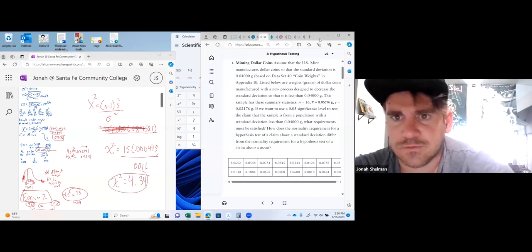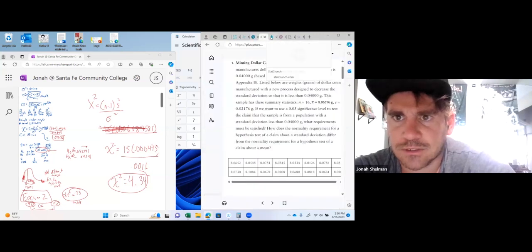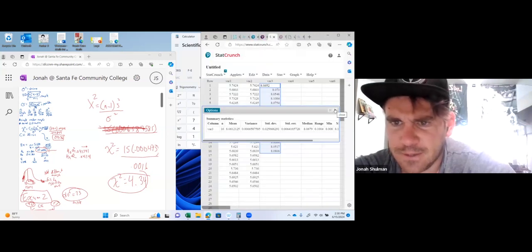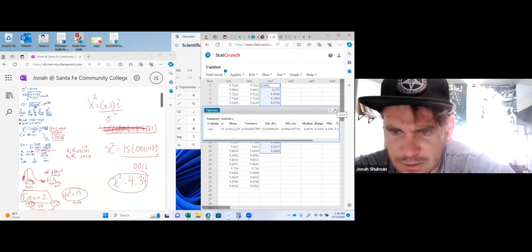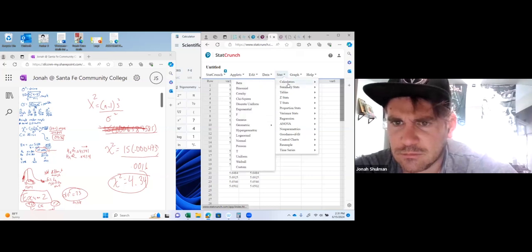Now all I have to do is figure out the critical value that I want. So we can go back to StatCrunch. I don't know why I didn't get the right values for this, but I'm not going to freak out about it. The calculator for chi-square.